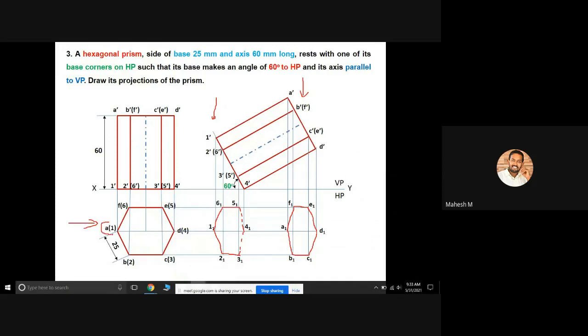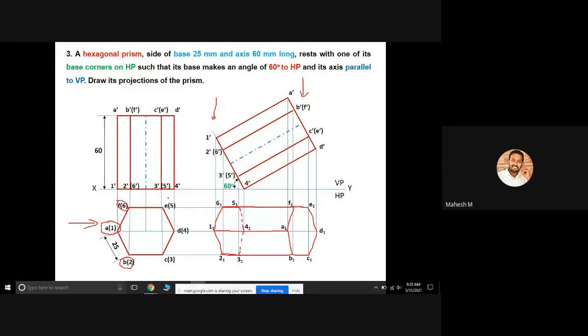You can see this point, so you can connect A and 1 with a thick line. You can see this point, so you can connect B and 2 with a thick line, and you can see this point also. So you can connect F and 6 with a thick line.